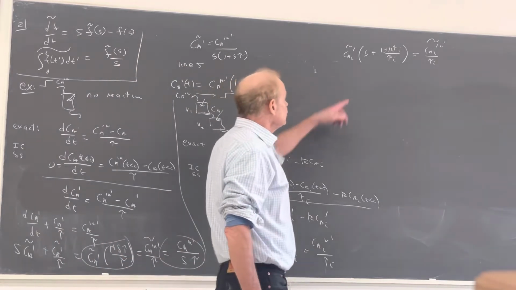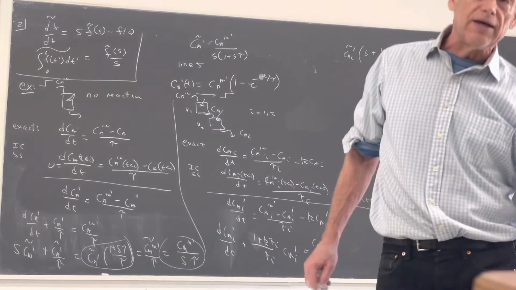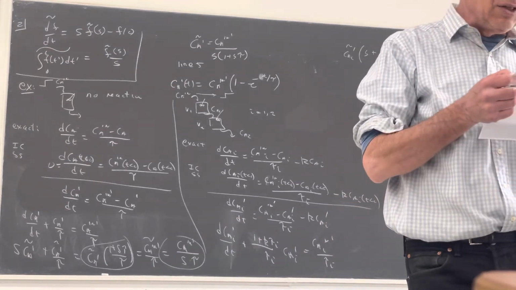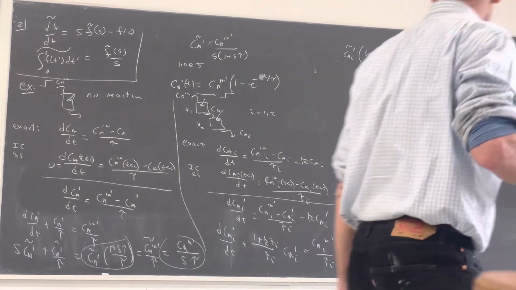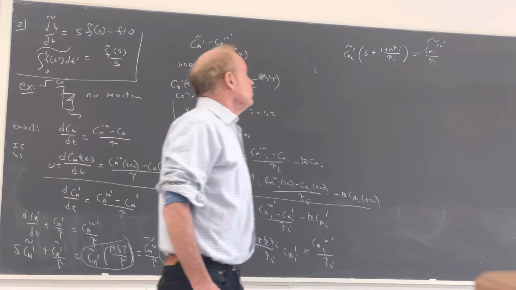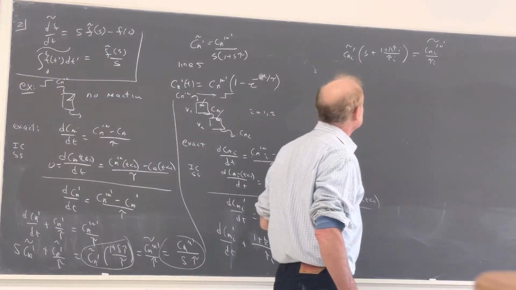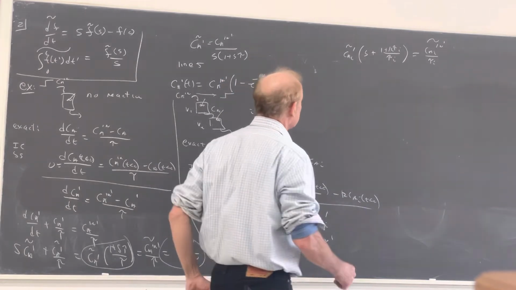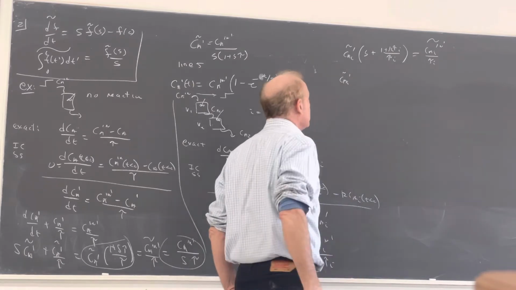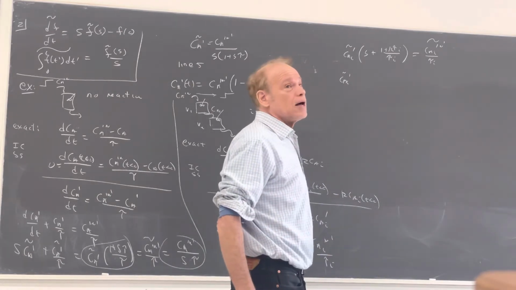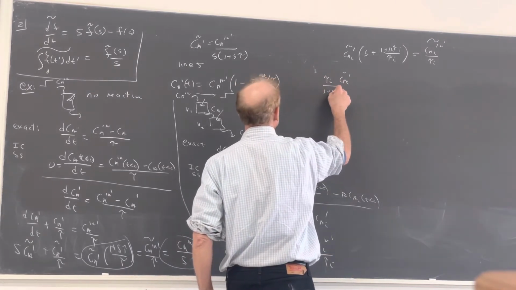And now, let's just deal with this. If you recall, what I tend to find in the table is things like 1 plus S tau. That seems to be what I typically find. So what I want to do is make this a 1. In order to make this a 1, I'm going to rewrite this as CAi prime tilde, and I'm going to multiply by tau i over 1 plus k tau i.